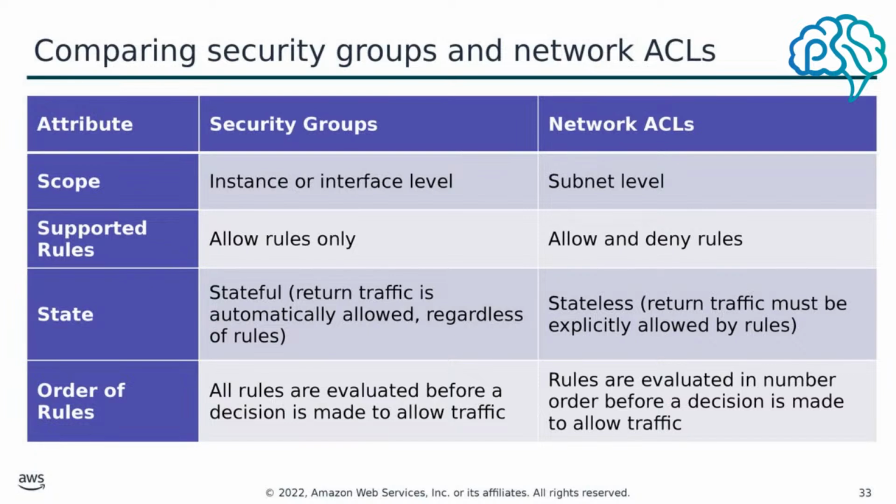The security group supports allow rules only, but network ACLs support both allow and deny rules. Security groups are stateful, but network ACLs are stateless. For security groups, all rules are evaluated before the decision is made to allow traffic. For network ACLs, rules are evaluated in number order before the decision is made to allow traffic.